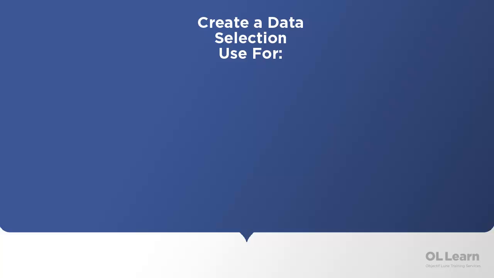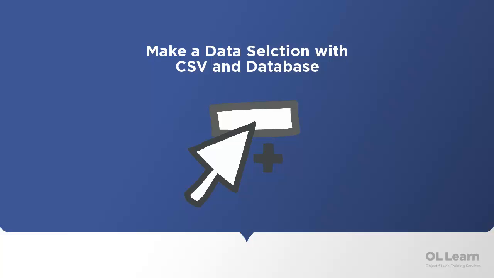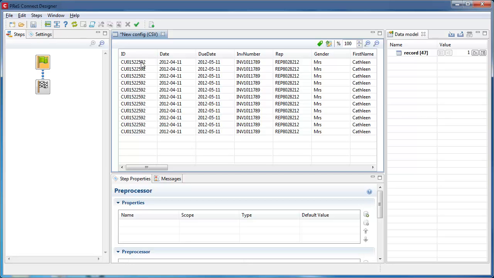There are 3 different ways to create a data selection inside the data viewer depending on the data source type that's currently loaded. Data selections can be used for conditions, repeats, and extraction steps. Let's start with tabular data, which includes both CSV and database data types. Tabular data is displayed, guess what, in a table, where multiple fields appear for each line or row in the original data.